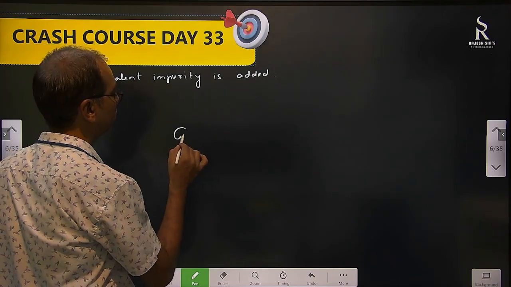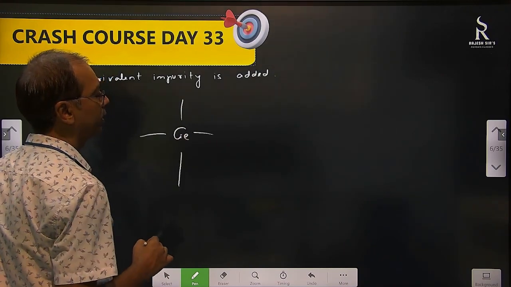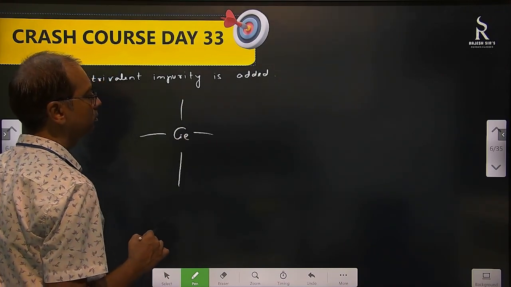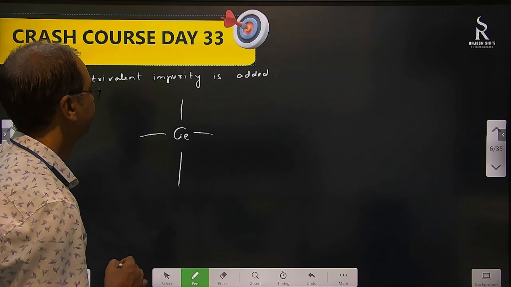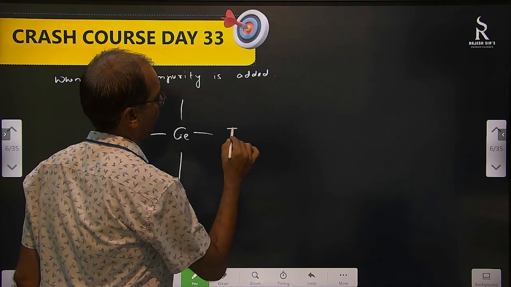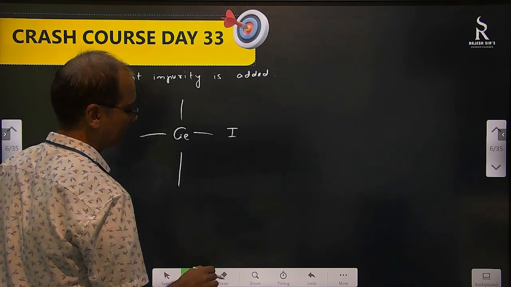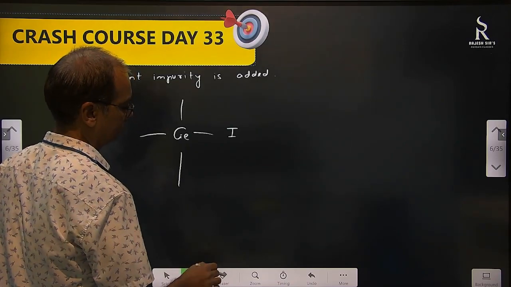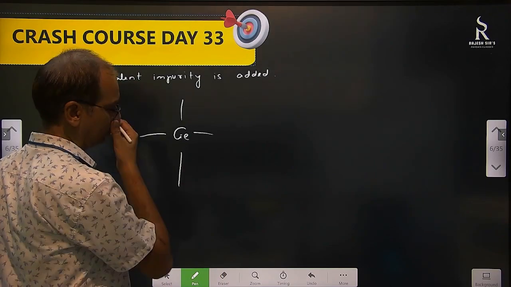So germanium is like this, and here what impurity should we add as trivalent impurity? Aluminium.